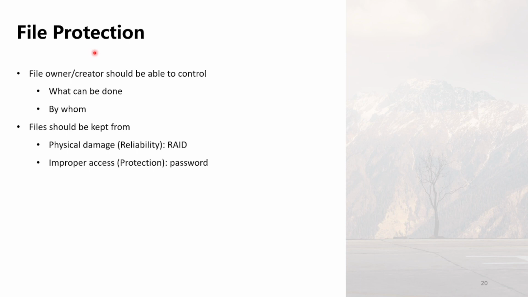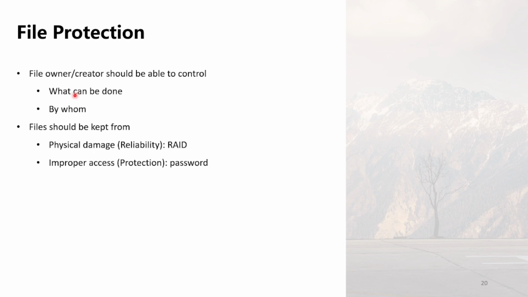File protection in an operating system is essential for maintaining the integrity and security of our data. The file owner or creator has certain rights and responsibilities. They should have the ability to control two critical aspects of a file.